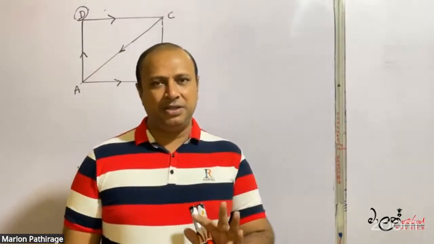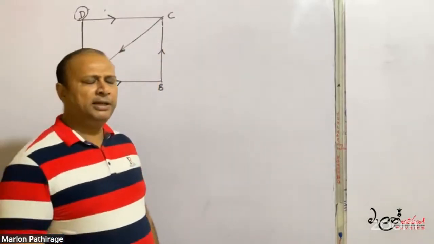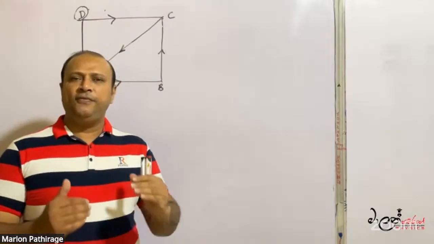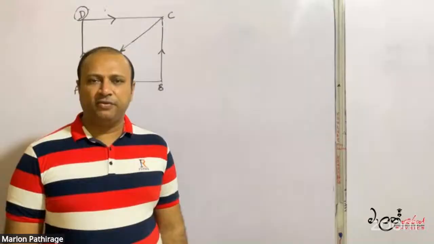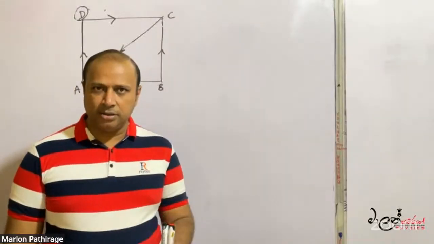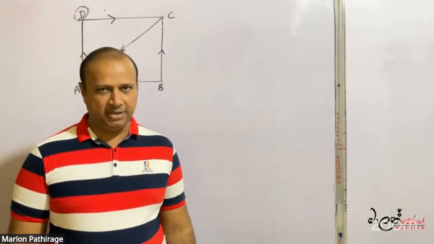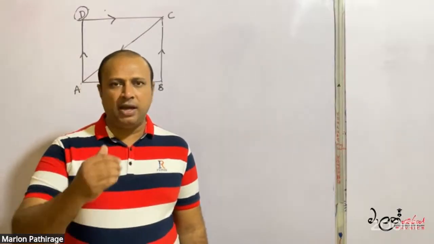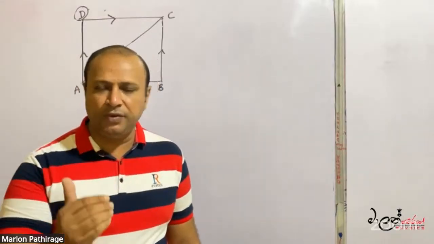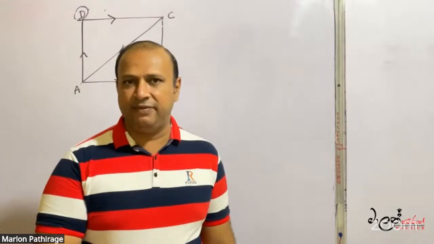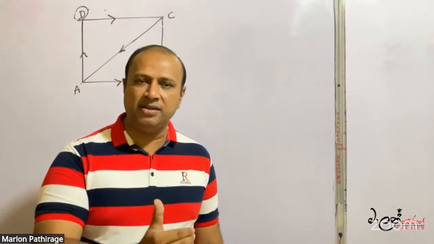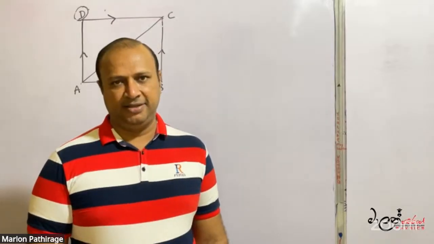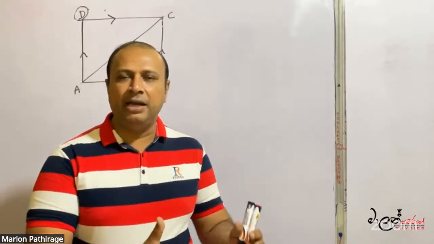Then step 3. If you are given this kind of vector system, this kind of figure, and asked to take the resultant vector, ultimately you have to reduce the vector system into one single vector. That is your ultimate objective.